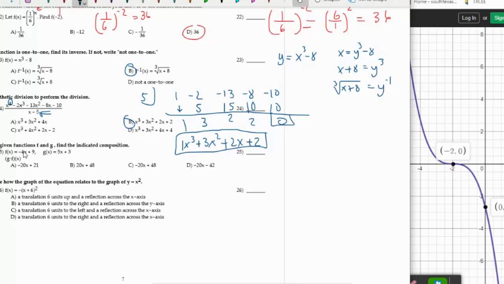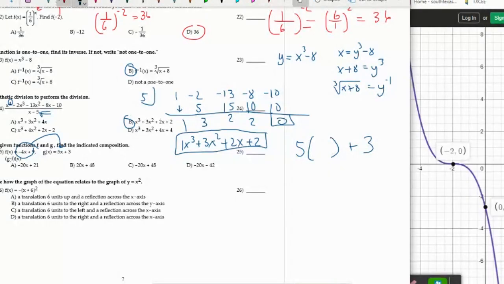Okay. For the given functions f and g, find the indicated composite. All right, so they want you to compose g of f. That means you're going to plug f into g. So we write down g first. So we got 5 parentheses plus 3. This is our g.